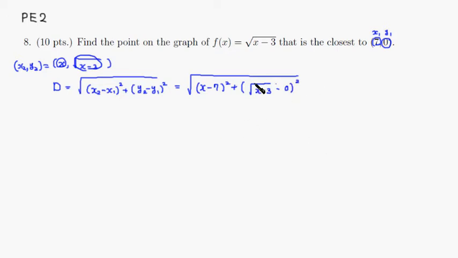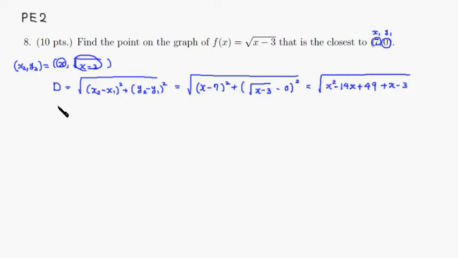We can simplify this a little more, so I'm going to multiply out. x minus 7 squared is x squared minus 14x plus 49. And the square root of x minus 3 squared gives us x minus 3.